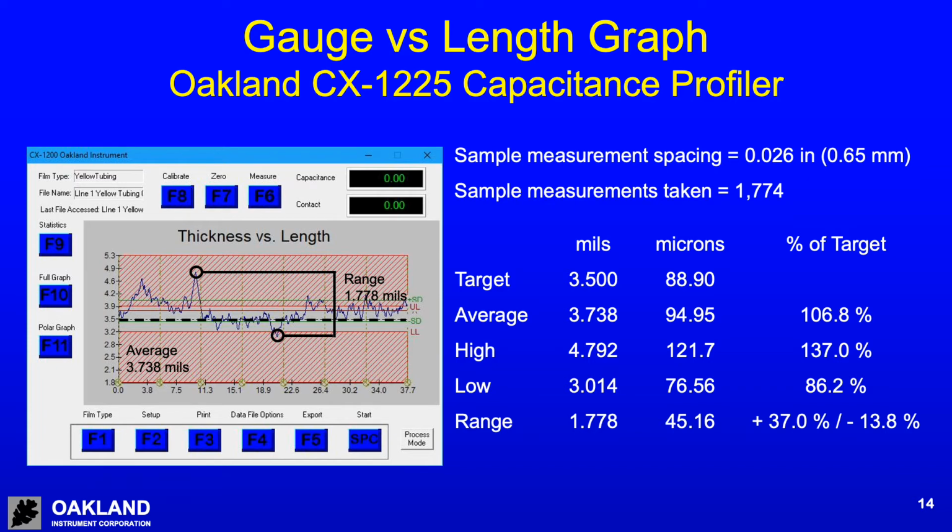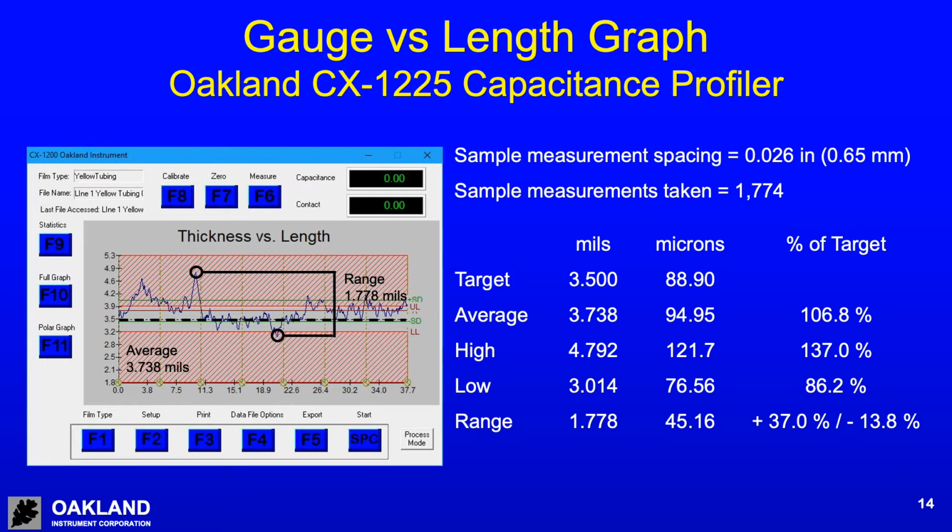And what I found was, first of all, almost 10 times as many measurements. So there's 1,774 in the same sample. Average was slightly more, 6 as opposed to 2% above average. But take a look at the high and the low. High, 137. Low, almost 14% below the target. The low didn't change that much, but the high, that was much more dramatic.